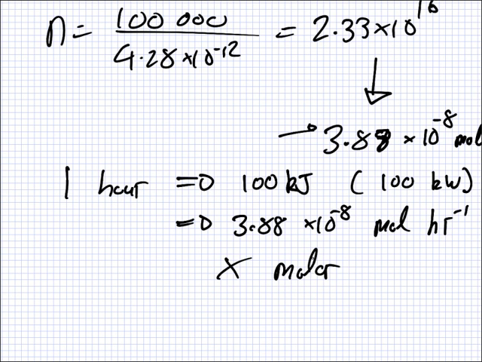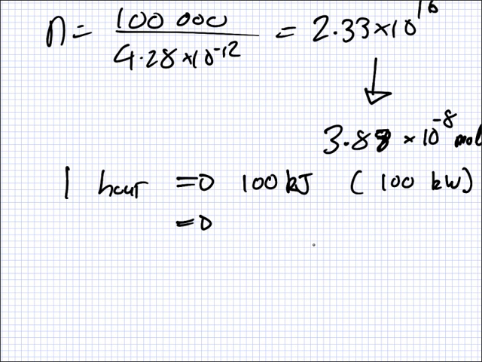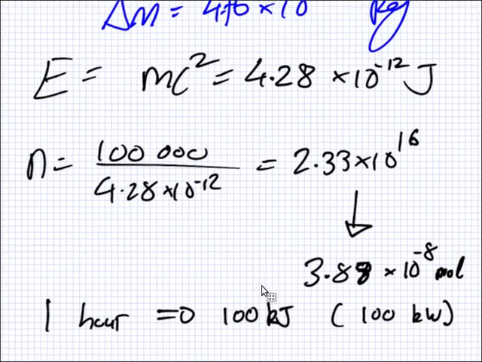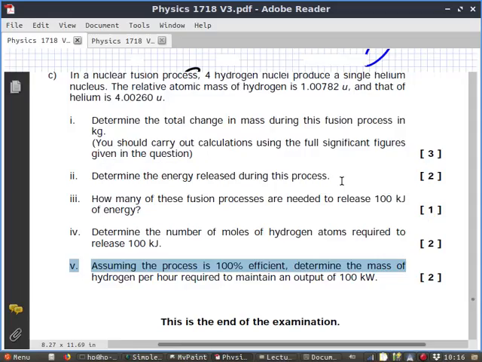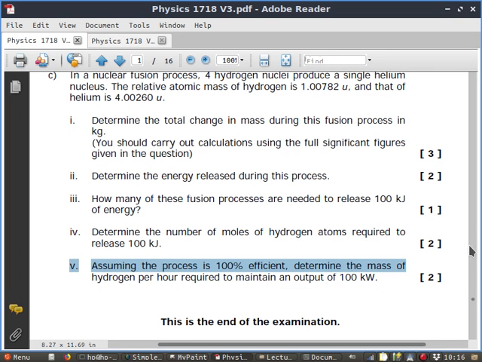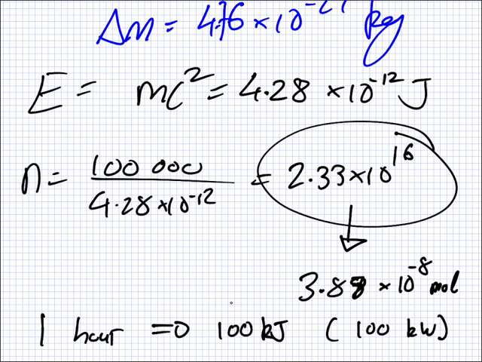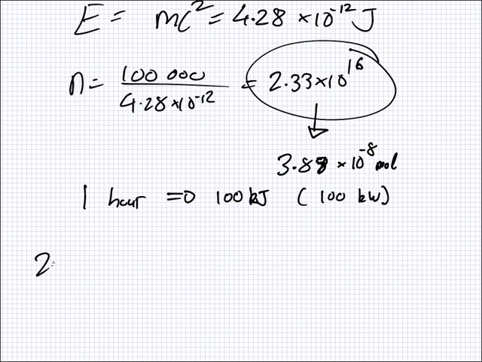Or no, actually you don't even have to do that. If you want it a little bit easier, you could take this number and multiply it by hydrogen. So it would be 2.33 times 10 to the 16.